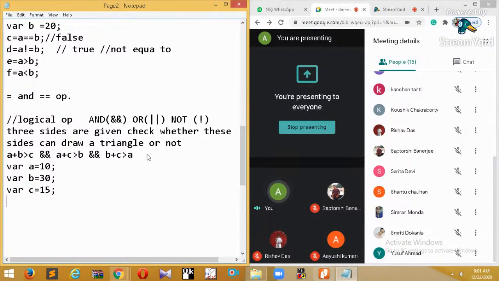Okay, so these three variables I've taken. Now here I'm using one simple condition.